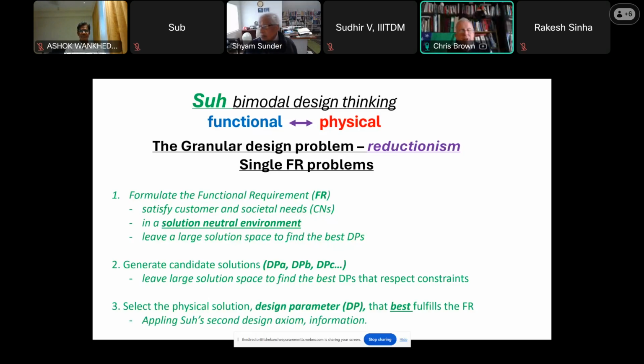Then we say, all right, so how do we select the physical solution that's going to best fulfill this? And we apply Sue's axioms. In this case, where we have only one FR, the first axiom is to maintain the independence of the functional requirements. Since there is only one functional requirement in a one FR design problem, then we just select based on the information axiom.